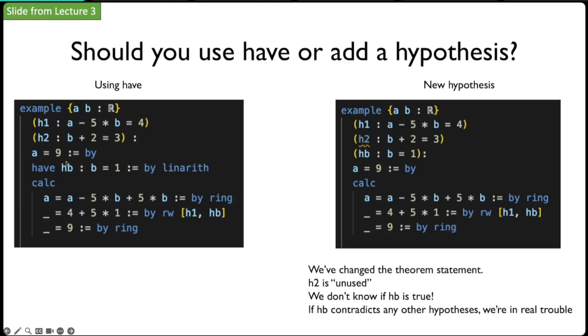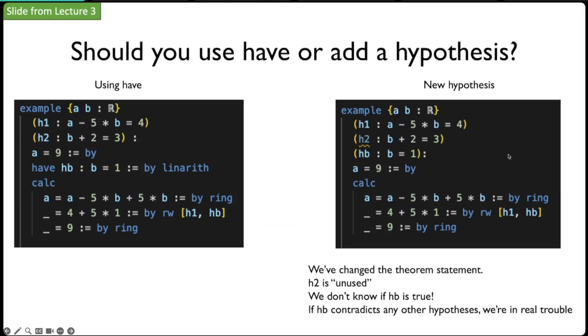And this can be proved by first coming up with b is equal to 1 using have and h2, and then we go and we prove the final goal. This is the right way to do it, essentially.